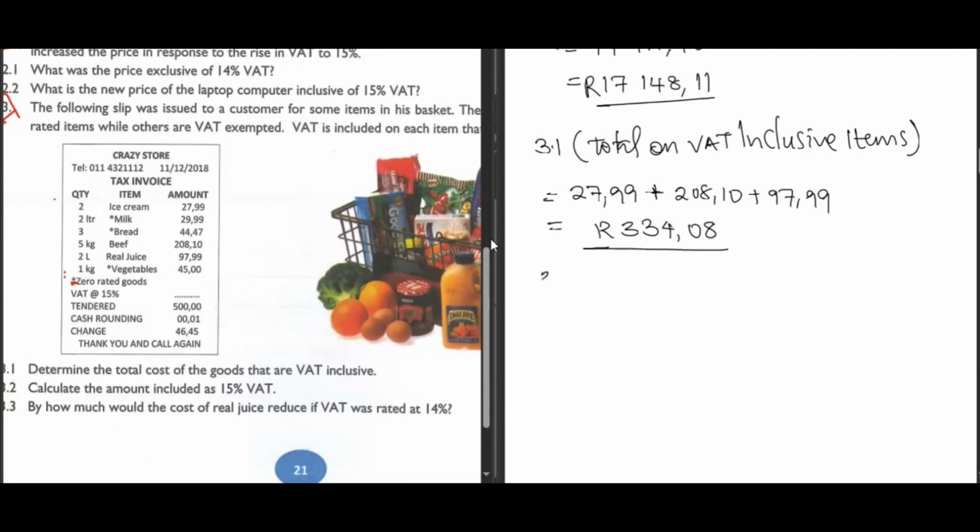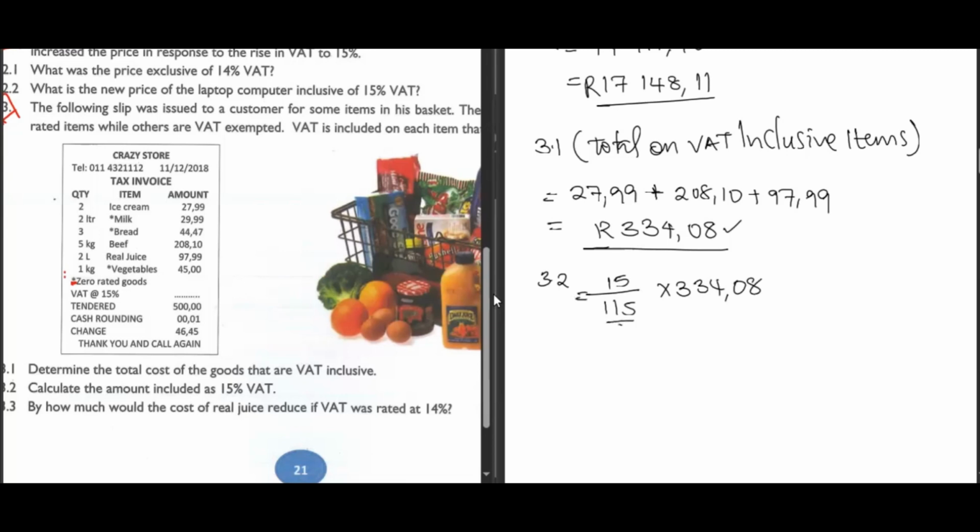All right, when you look at 3.2, calculate the amount included as 15% VAT. Now, VAT is only charged on these items here. So that means we are going to look for 15% of this item. So we shall say the value of VAT equals 15 over 115 times 334 rands 80 cents.